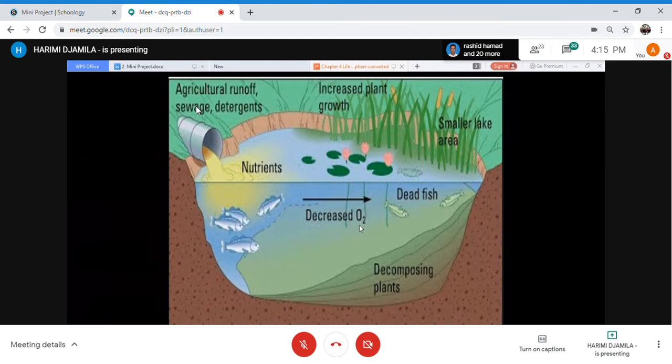It will reduce the amount of oxygen, which in turn will affect various plants and species, dead fishes, increased plant growth, etc.